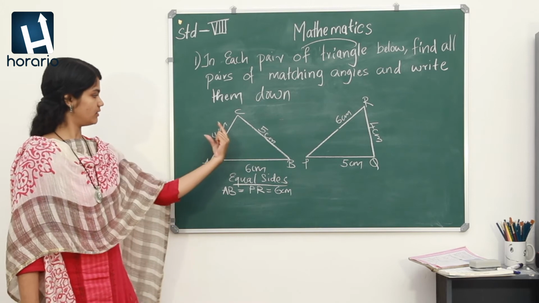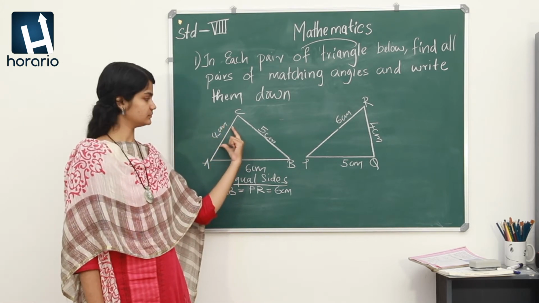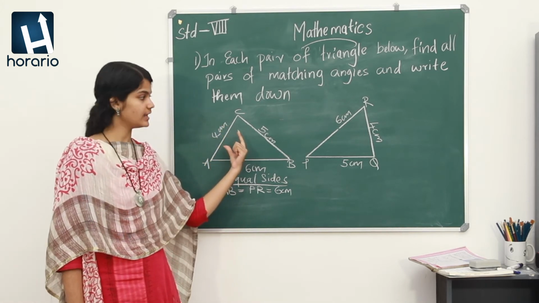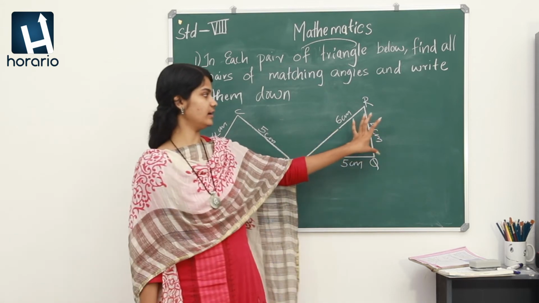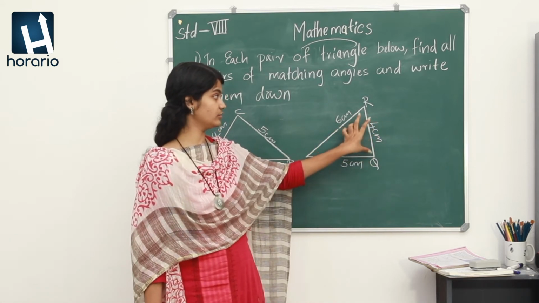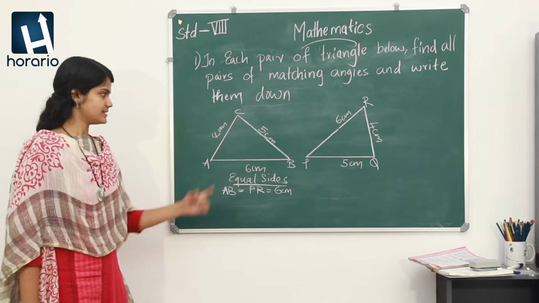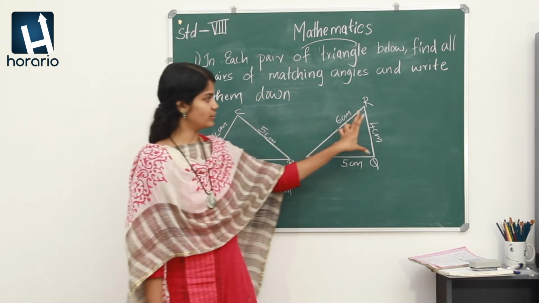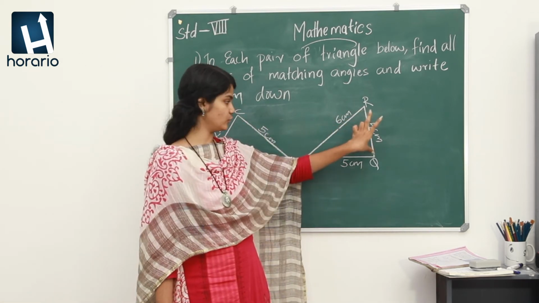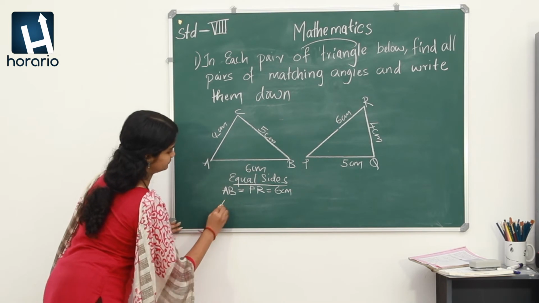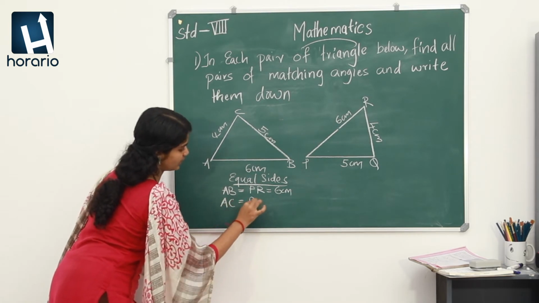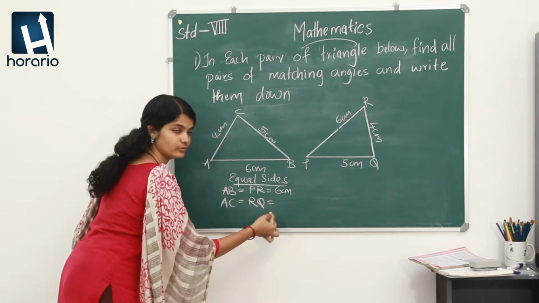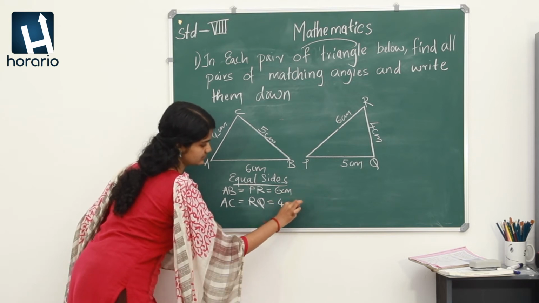Now, what about AC? Yes, side AC is equal to side RQ, that is AC equal to RQ, that's equal to 4 centimeter.